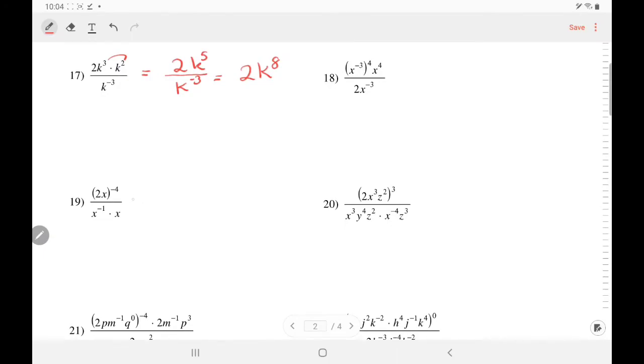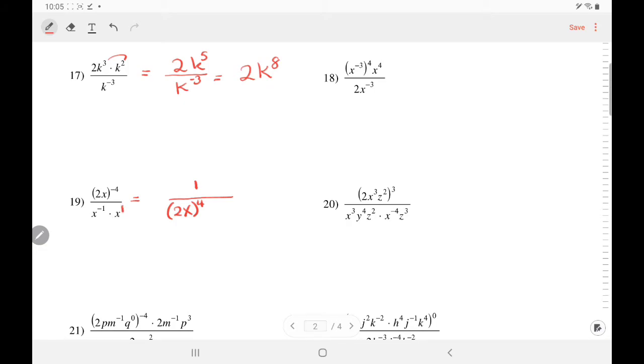Number 19. Notice this parenthesis has a negative exponent. All of it is going under. So nothing is left. I put the 1. So 2x, now it's positive, but you've got to remember the positive exponent.